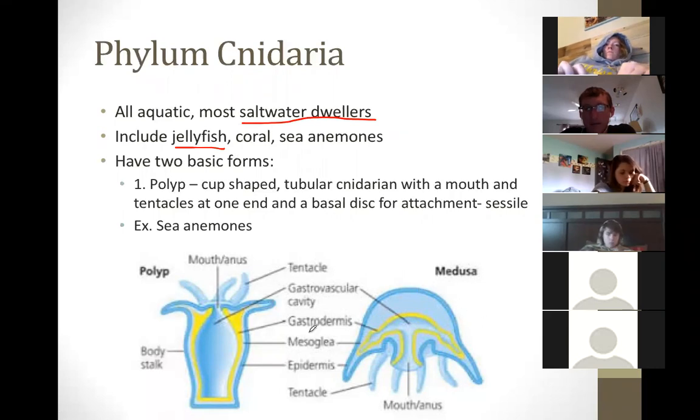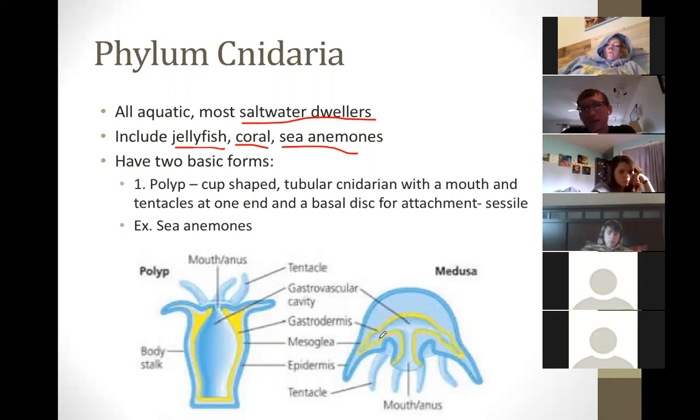A jellyfish is basically an upside down form of a polyp. Coral is a polyp that's shaped like this, and sea anemones are a much larger polyp that's shaped like this. Jellyfish are the medusa that's flipped around where the tentacles extend down and the body's up above the tentacles.